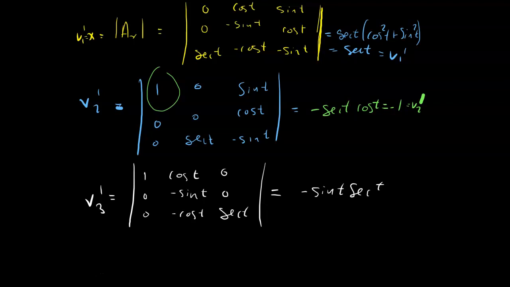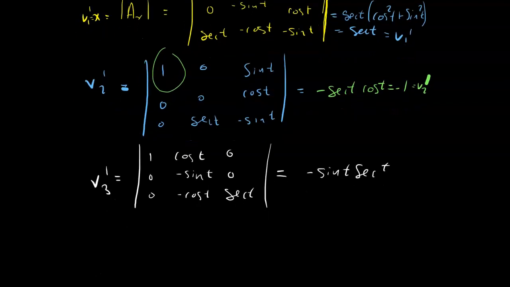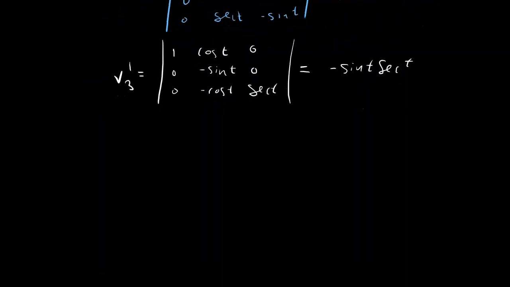Great, so now our job is to integrate these. And so let's just go ahead and maybe I'll just move them down here to remind us what they are. So v1 will be the integral of secant of t dt.